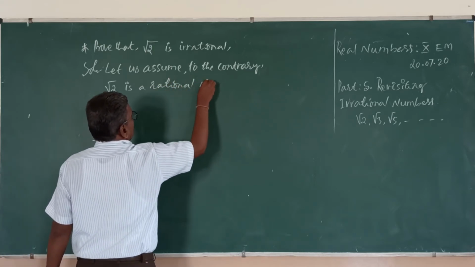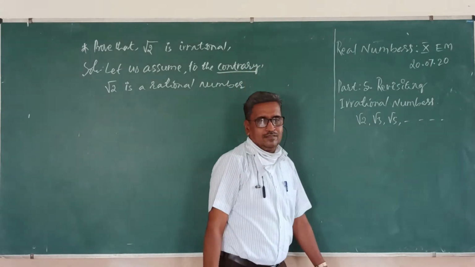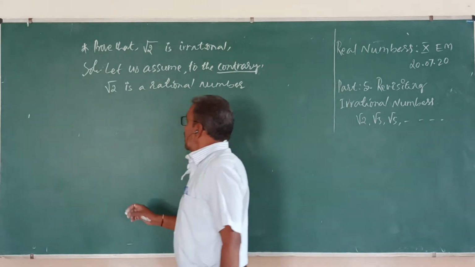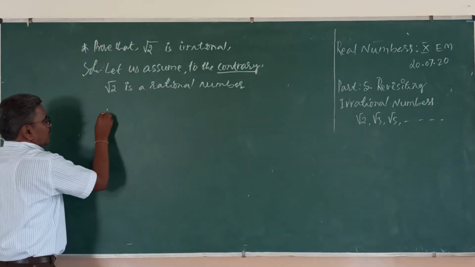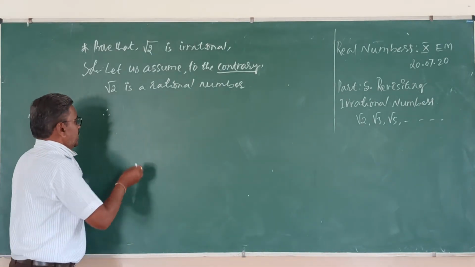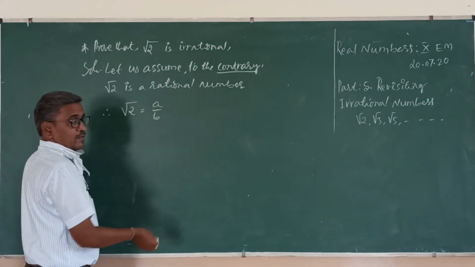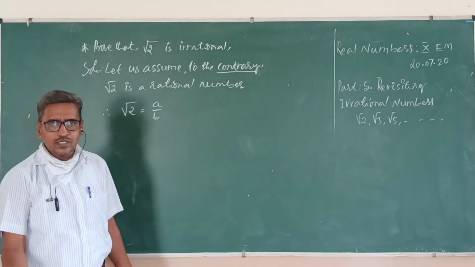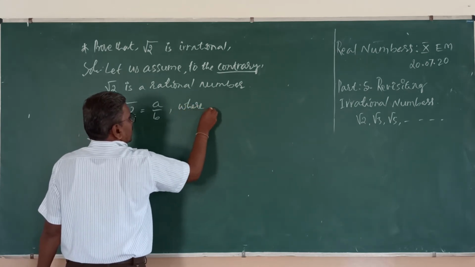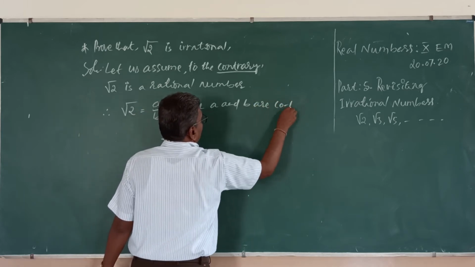We are assuming root 2 is a rational number, which can be put in the form p by q. So root 2 is equal to a by b, where a and b are co-prime. Be very careful about this.